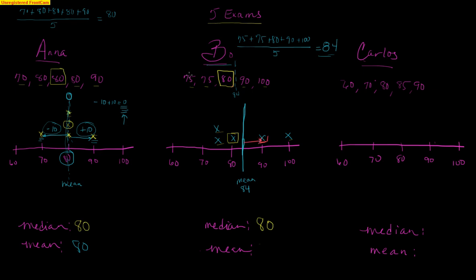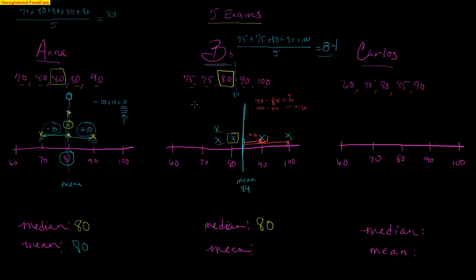Well, we can always do subtraction. 90 minus the mean, which was 84, is equal to 6. So this is 6 points above the mean. This test out here at 100 is 16 points. 100 minus that 84 is equal to a plus 16 points, and that was a plus 6.